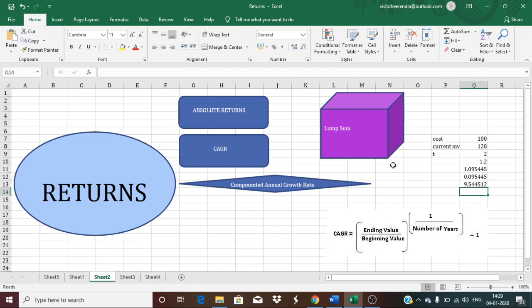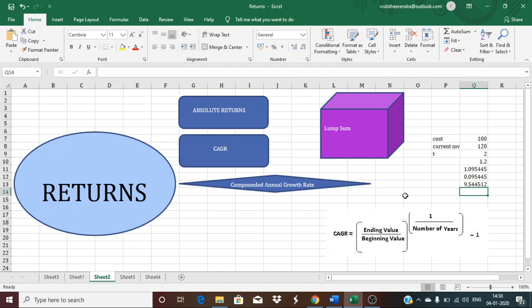And the last month SIP amount will be only for 1 month. So the holding period is different for each and every SIP investment. Now, as we are seeing in the formula, the holding period is in consideration. So the value or the return will be different for each and every SIP investment. So we have to calculate the CAGR multiple times, for each and every SIP investment or each and every cash flow.